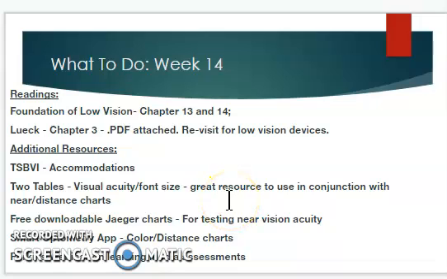So the readings this week are from the Foundations of Low Vision text, chapter 13 and chapter 14. Chapter 13 is instruction in literacy, and chapter 14 is instruction in the use of optical devices.